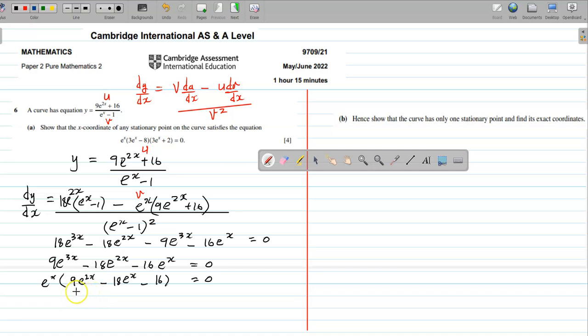We can have 9 e to the x squared minus 18 e to the x minus 16, and that equals, put that in brackets, and we have our e to the x outside here. So this is in quadratic form, so it means that we can factorize this.